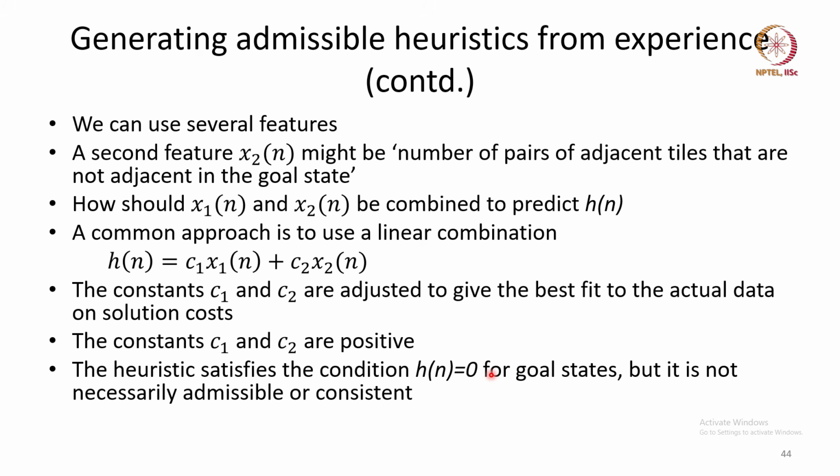By running it a number of times, you can find out the values of c1 and c2 that you need to use. That way you can develop a heuristic. So these are the different methods which we can use to get heuristics.